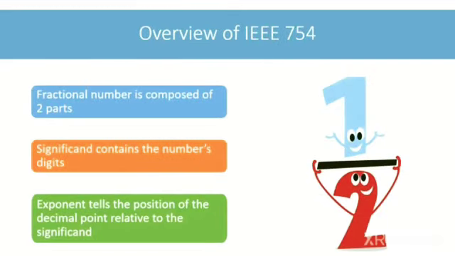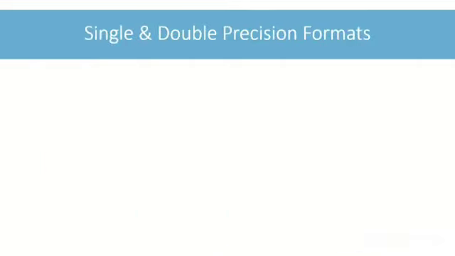In the IEEE 754 standard, the idea is to compose the fractional number of two main parts: a significand that contains the number's digits, and an exponent that says where the decimal point is placed relative to the significand. The two things of the standard that we are interested in are the single and double precision formats.